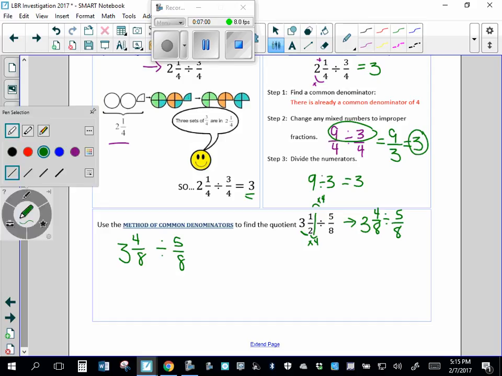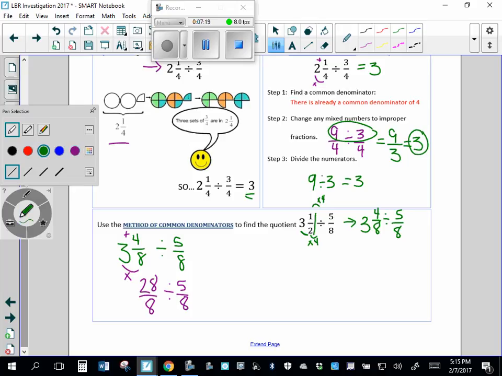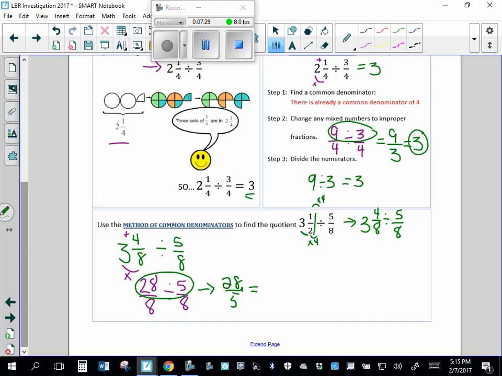So when I do that, I get 24 plus 4 is 28/8 divided by 5/8. Step 3 is to divide the numerators. So that's 28 over 5. And your answer is 5 3/8.